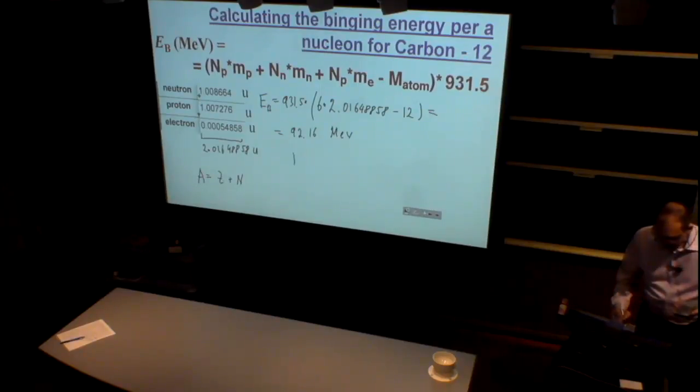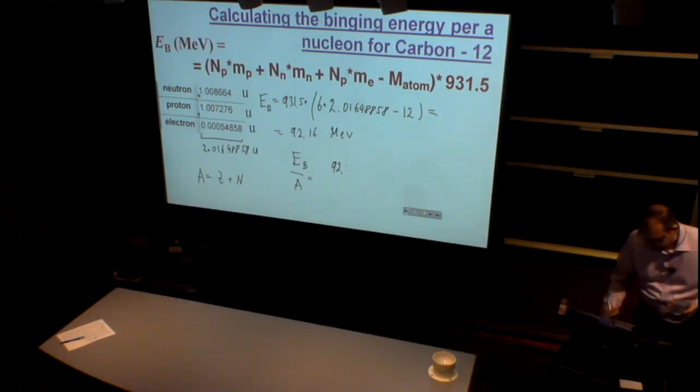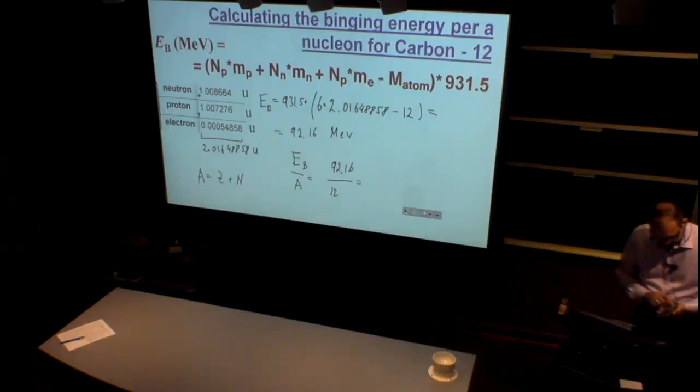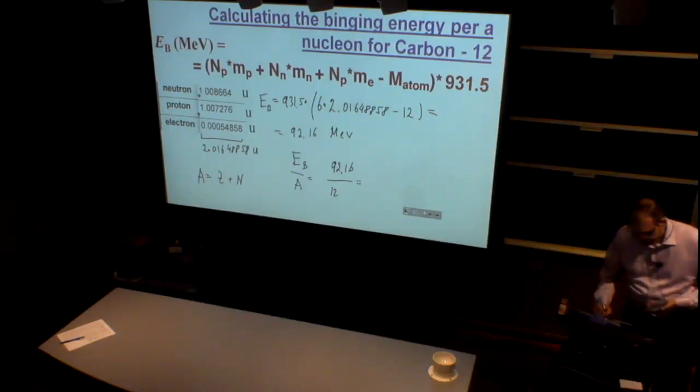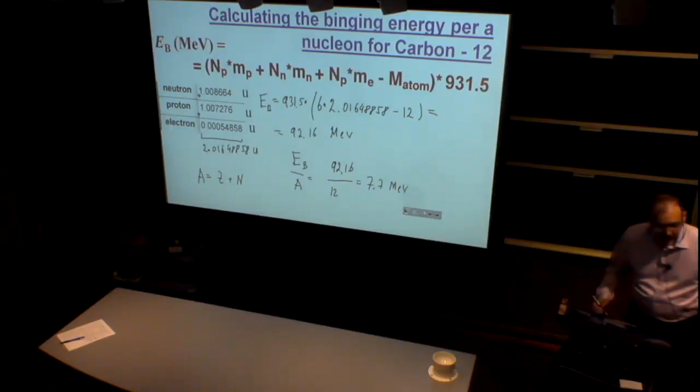So to calculate the binding energy per nucleon, we just calculate this ratio, 92.16 over 12, about 7.7 mega electron volts per nucleon.